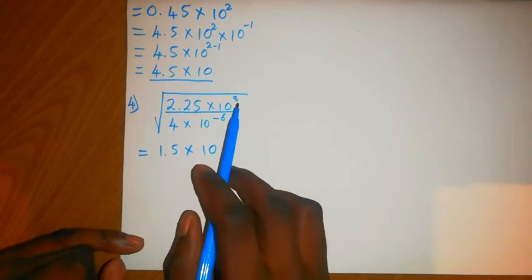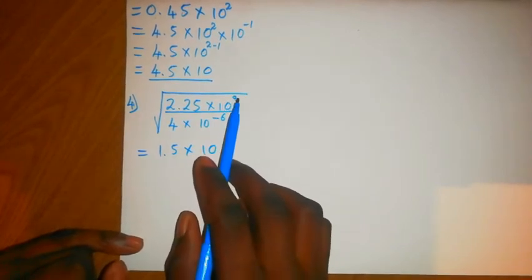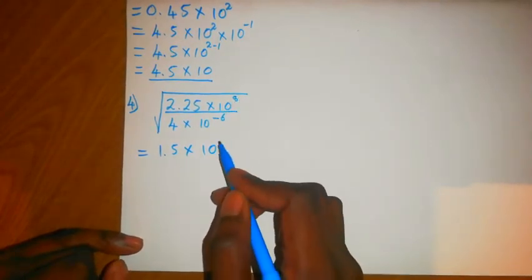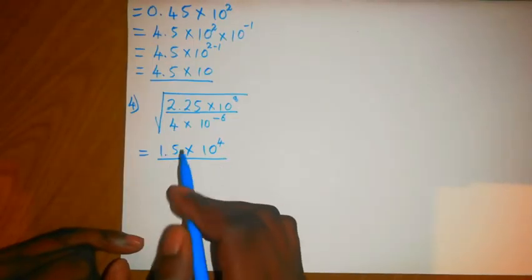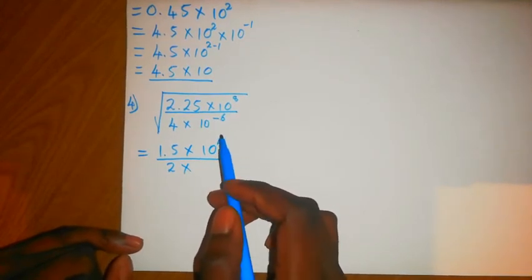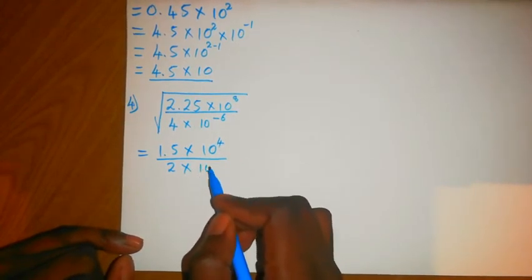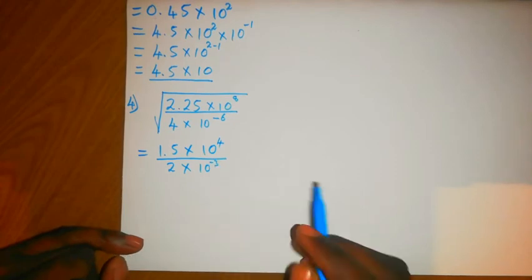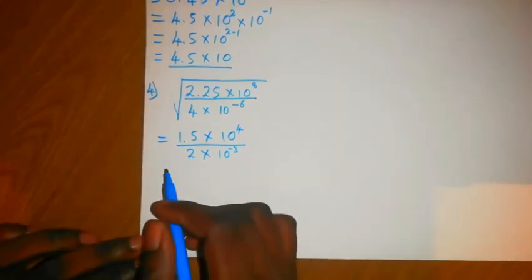So what you have to do is divide it by 2. If we divide it by 2, we are going to obtain 4. Then the square root of 4 is 2, times... if we divide negative 6 by 2, we are going to obtain negative 3. So there is my working.